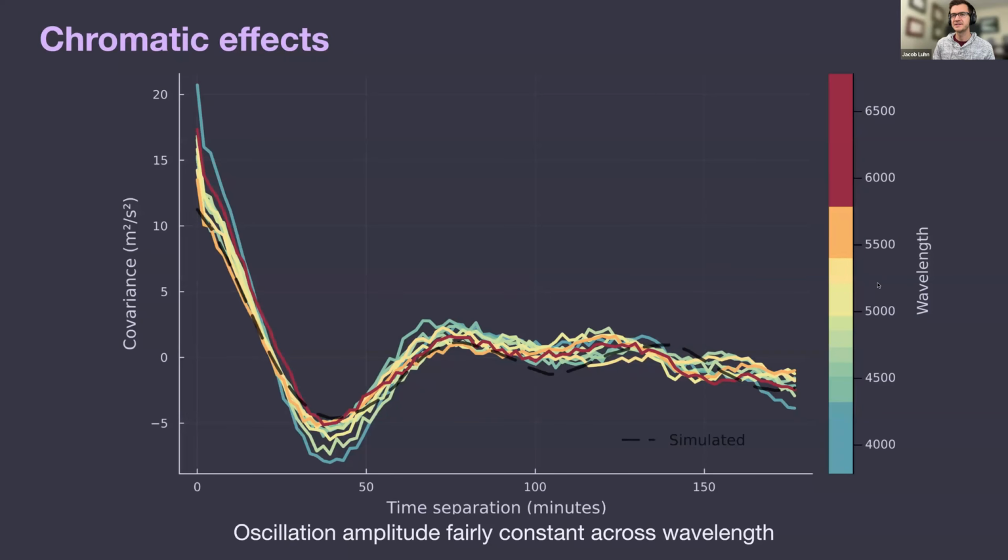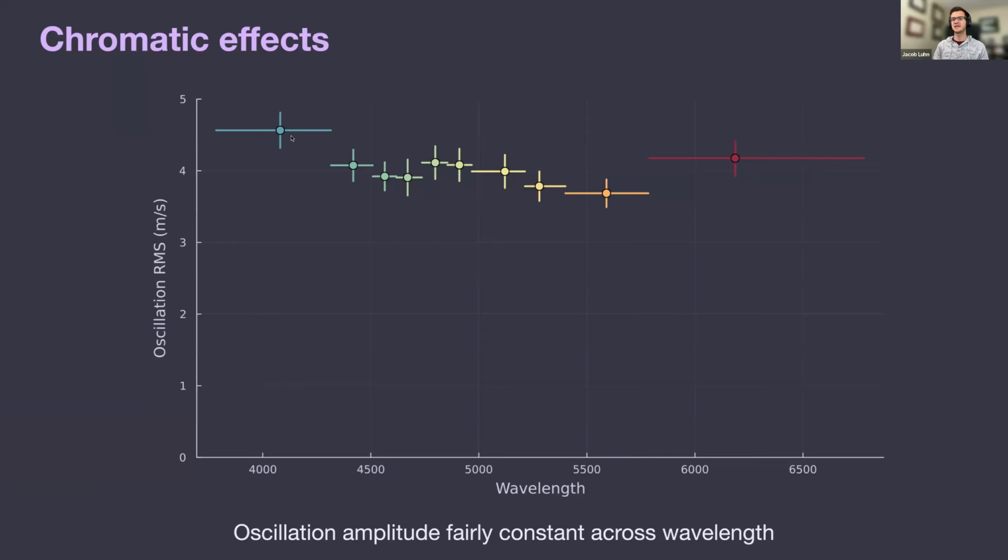And as one last example of chromatic effects, we can just take the raw RMS of each bin RV time series and take a look at that RMS across wavelength. And again, seeing very little dependence here on wavelength, maybe a slight trend downward with increasing wavelength, but in the vast scheme of things, nothing that's reducing the amplitude by a considerable amount.